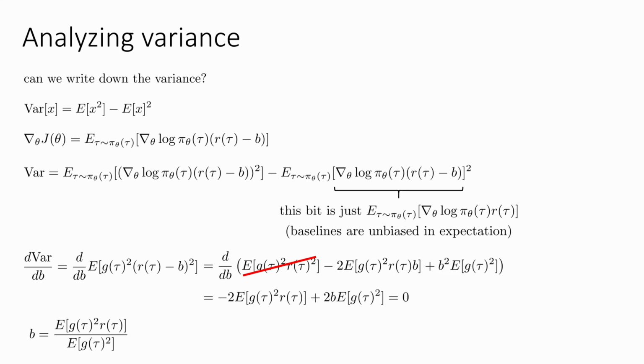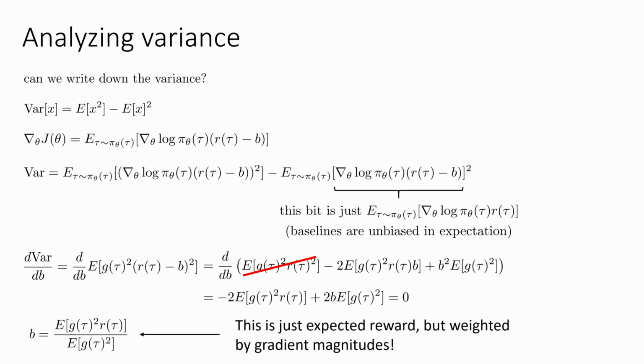Now this thing actually looks an awful lot like expected reward, except I don't average the rewards together. I instead weight them by their squared gradient. So this is just expected reward weighted by gradient magnitudes. Now, of course, your gradient is a vector. It has more than one number in it. And if you actually evaluate this formula, b also becomes a vector.